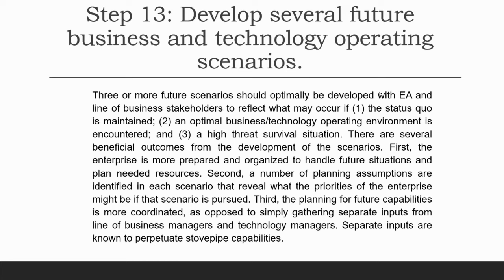Three or more future scenarios should optimally be developed with EA and line of business stakeholders to reflect what may occur if, first, the status quo is maintained; second, an optimal business technology operating environment is encountered; and number three, a high-threat survival situation.